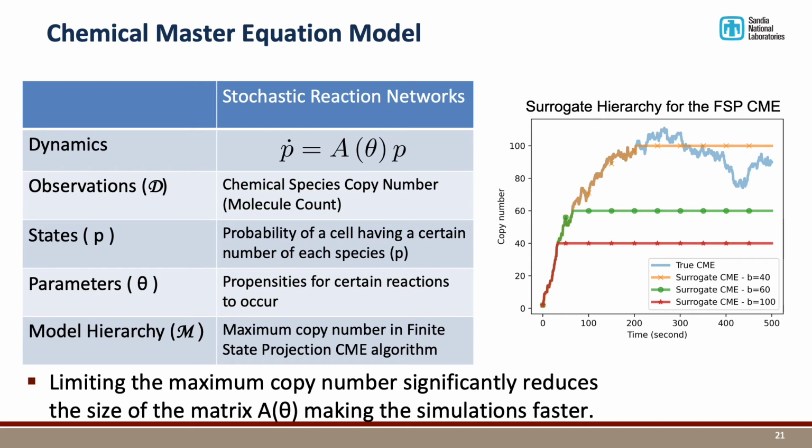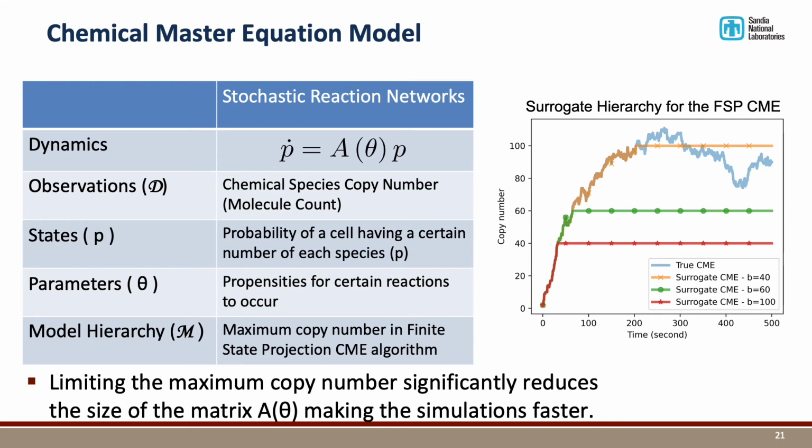So you can see this in the graphic here, where for the full trajectory in blue, we approximate it using a series of smaller FSP projected CMEs in which we limit the maximum number from 40 to 60 to 100, and you can see how you can increasingly recreate the full chemical master equation solution.